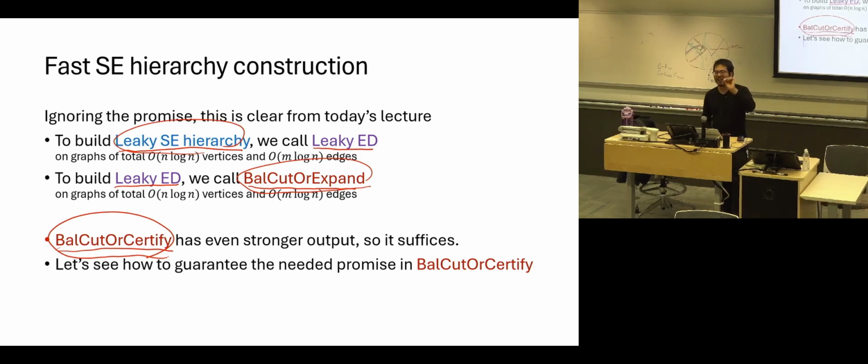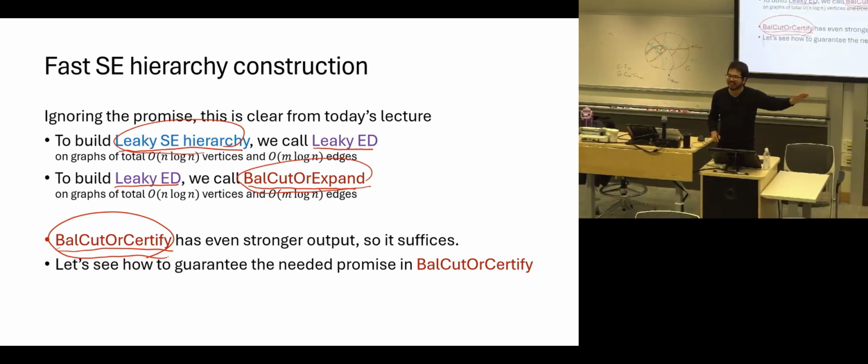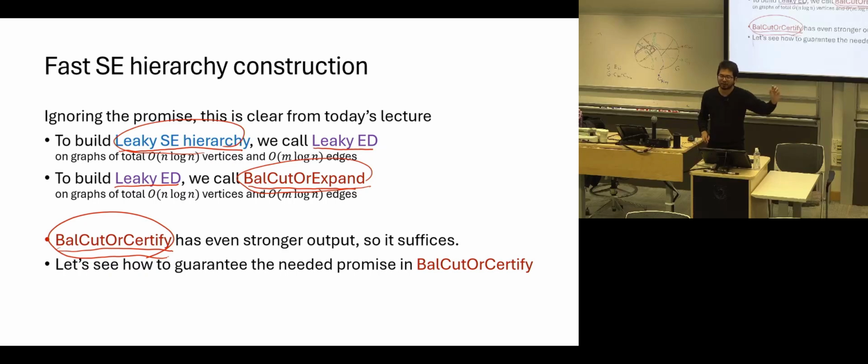But okay, the most important point that I didn't add is that if you have a leaky SE hierarchy, it's actually enough for the max flow algorithm, like the n square max flow algorithm that we have seen.